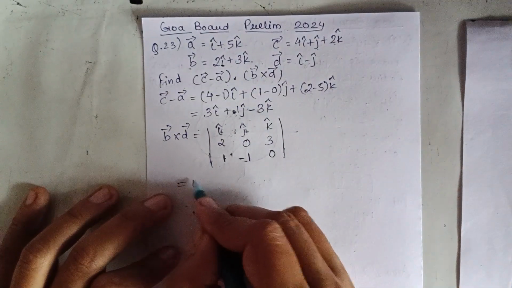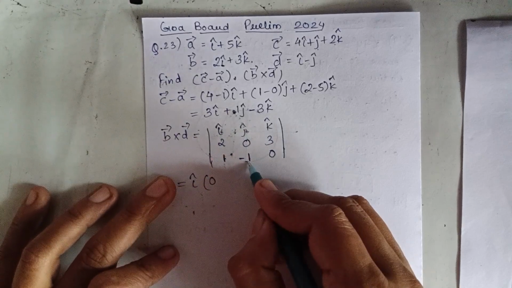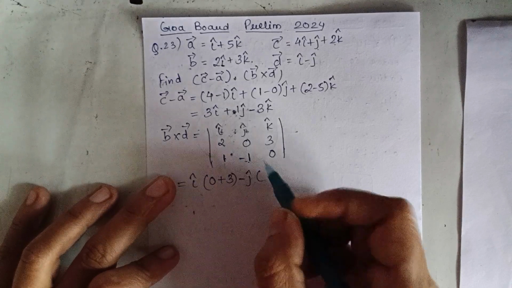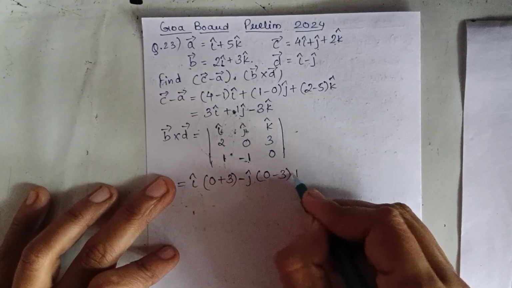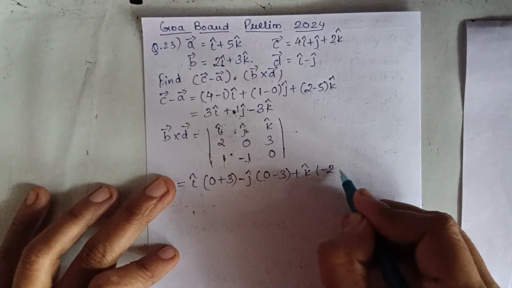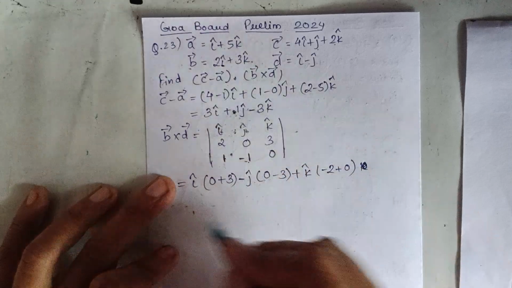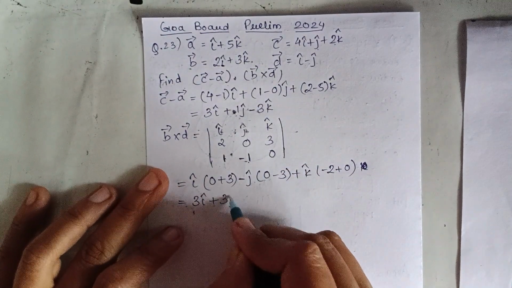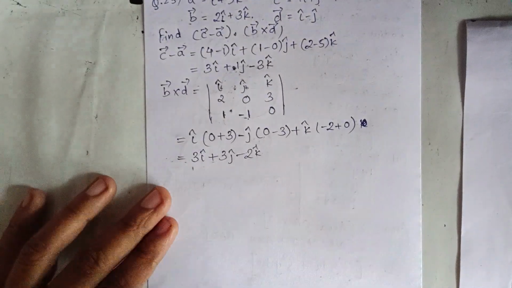So taking determinant i, 0 minus of minus 3 plus 3, j 0 minus 3 plus k minus 2, 0, 3i plus 3j minus 2k. Okay. Now we have to take the dot product.